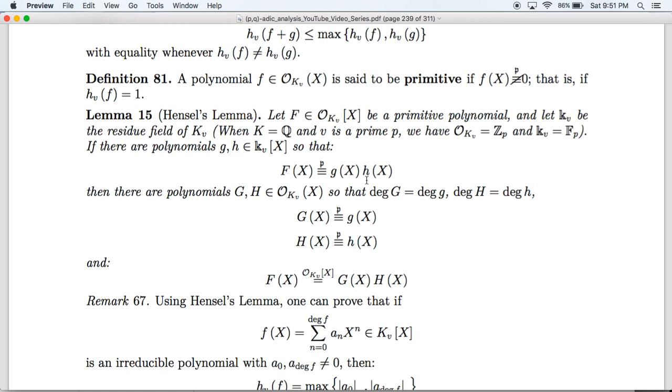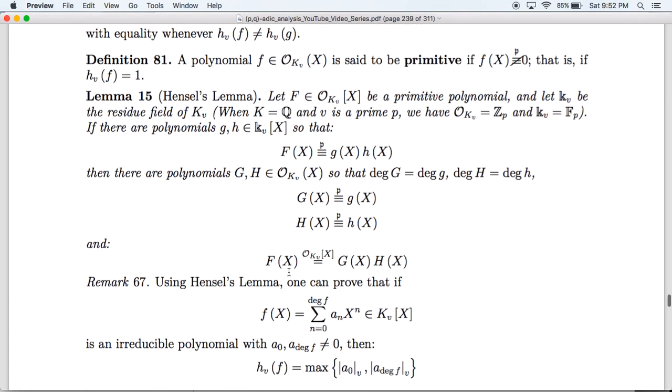Then Hensel's lemma says that we can lift little g and little h to polynomials big G and big H with coefficients in the v-adic integers, such that big G is congruent to little g mod p, big H is congruent to little h mod p, big G and little g have the same degree as do big H and little h, and f is equal to big G times big H mod p.